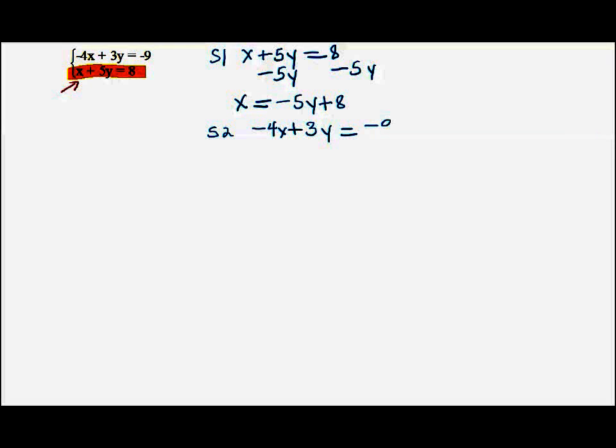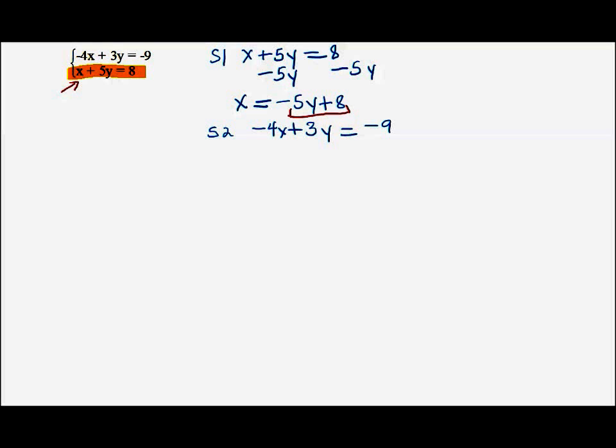Okay? Now for step 2. Step 2 says to take the other equation. The other equation is negative 4x plus 3y equals negative 9. Now, I want to take the expression that I have from step 1. In step 1, I came up with x is equal to negative 5y plus 8.